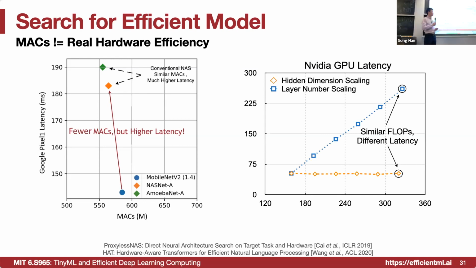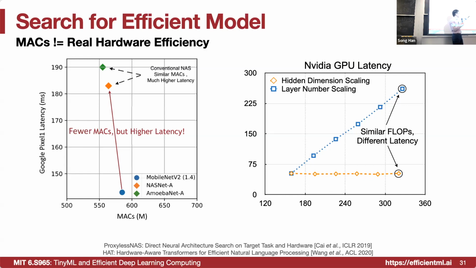Similar for this case, the x-axis is the number of FLOPs. The y-axis is the measured GPU latency. We can either scale the dimensions, the channel number, or we can scale the depth, the number of layers.